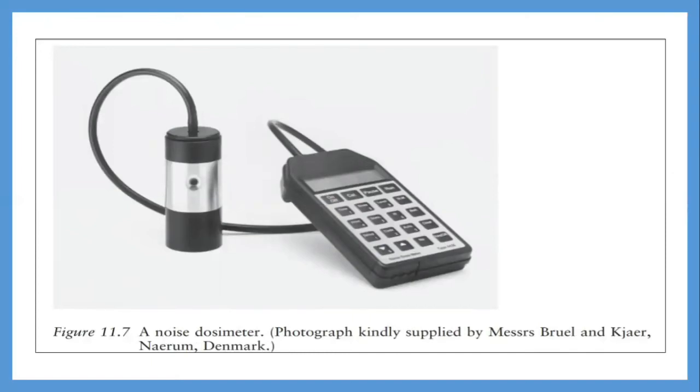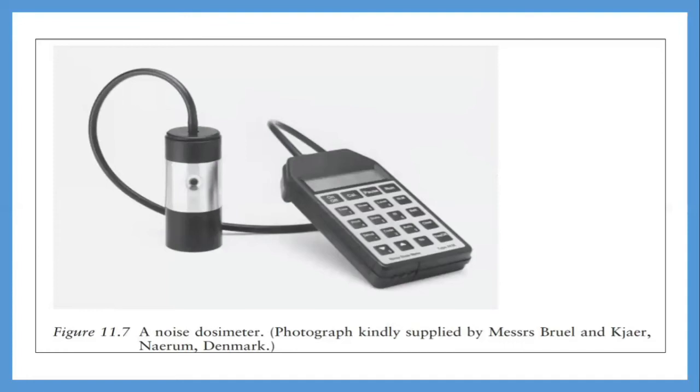Equivalent A-weighted noise level and noise dose measurements are particularly useful in hazard surveillance of occupations where the worker is mobile, because they integrate the different intensities of noise, which can vary considerably over the course of the working day.